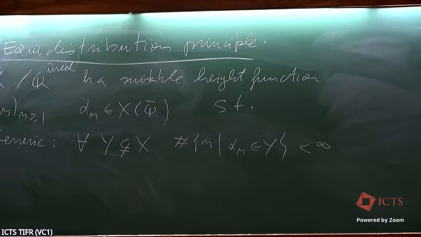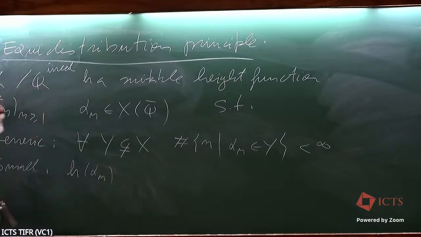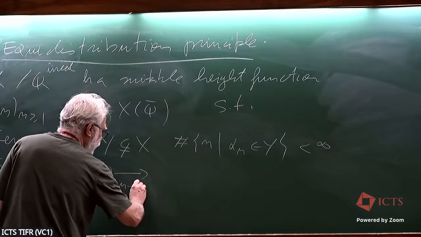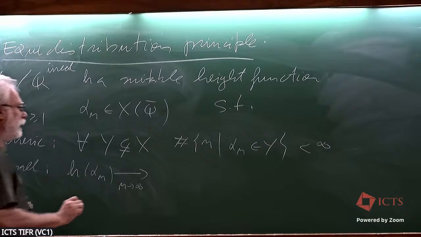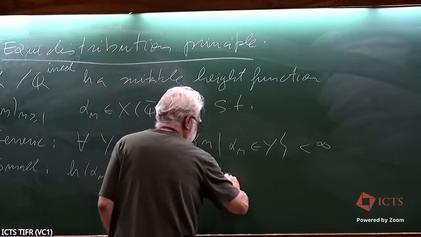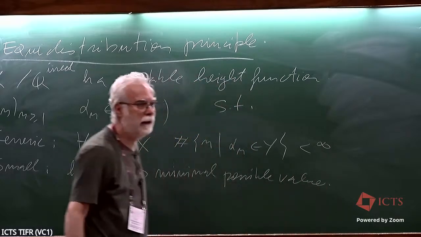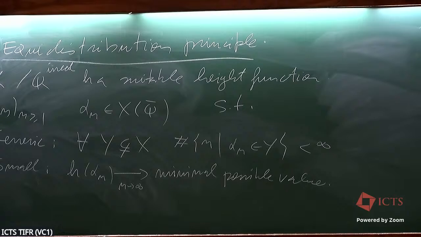And the second condition is to be small. To be small means that if I look at the height of the alpha n, I want that this converges, when n goes to infinity, to the minimal possible value. And what is this minimal possible value?